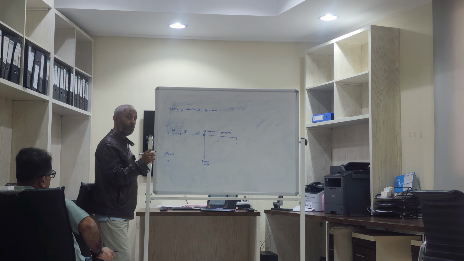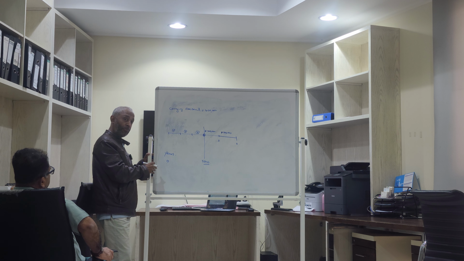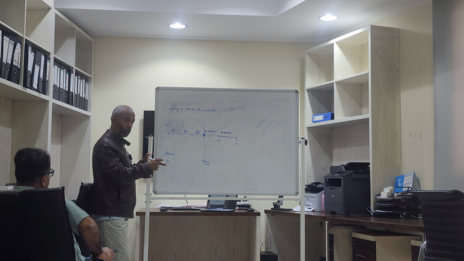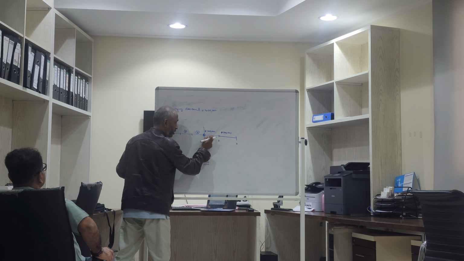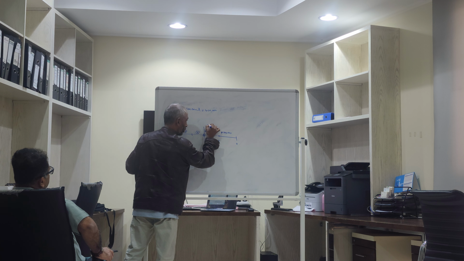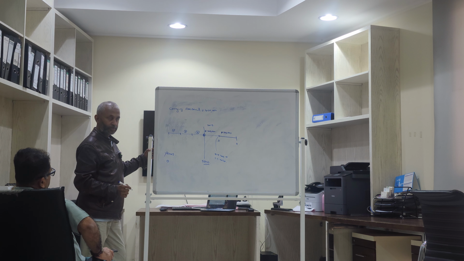Also remember, sometimes people make assumptions that cash flows occur at the beginning of the year or at the end of the year. Here I am making the assumption that cash flows occur at the end of the year. So if this is 2019, this will be 31st December 2019 or 1 January 2020.